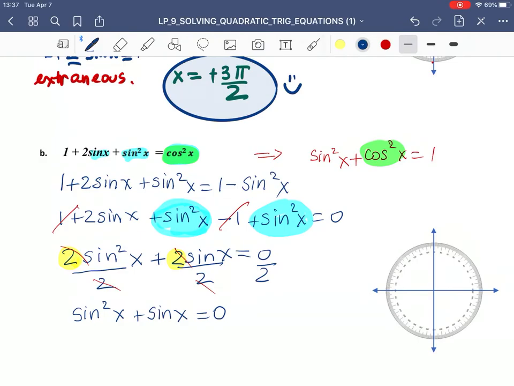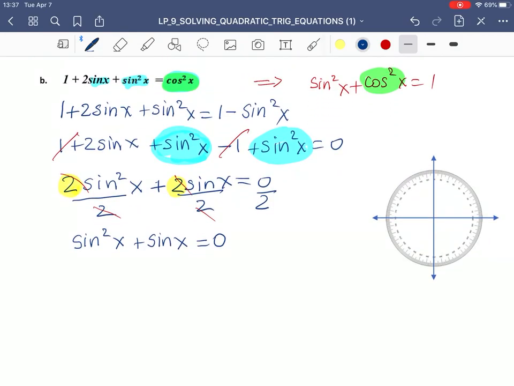So it's a quadratic equation, even simpler than the one in the previous example. So we're going to try factoring. We have a common factor here of sine of x, which we will take out. And then we have sine of x plus 1 in brackets equals 0. So we're going to take each factor, make it equal to 0.